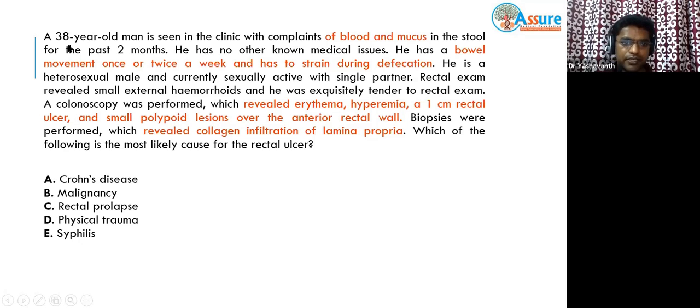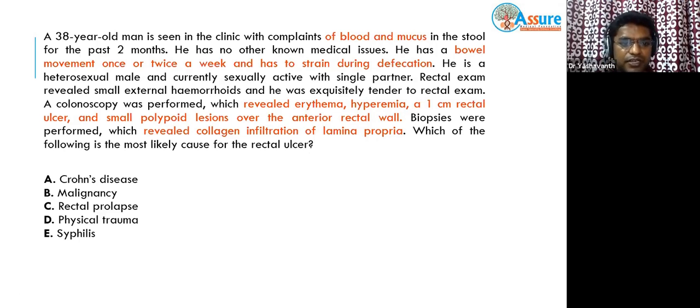Next, a 38-year-old man is seen in clinic with complaints of blood and mucus, and he has bowel movements once or twice a week and has to strain during defecation. He is sexually active. Rectal examination revealed a small external hemorrhoid and tenderness. Colonoscopy revealed an ulcer with erythema and hyperemia and a small polypoidal lesion over the anterior rectal wall.